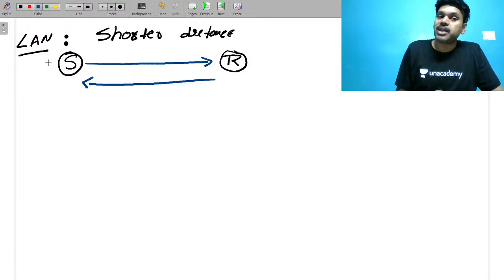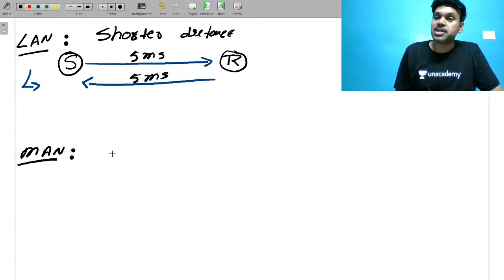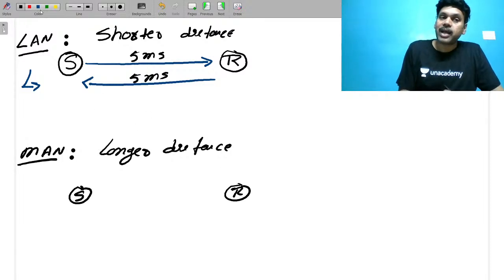Now, say going and coming back is taking 5 ms. This may vary in a metropolitan area network, because in a metropolitan area network your distance is longer than in your LAN. So I can say here that your distance is somewhat longer. Therefore, here is the sender and here is the receiver, and this time I am expecting a ping response time.